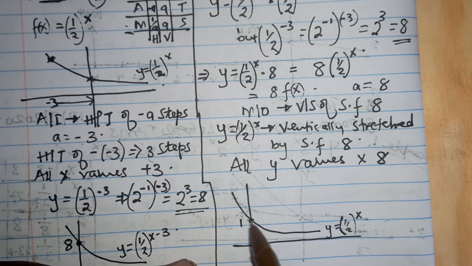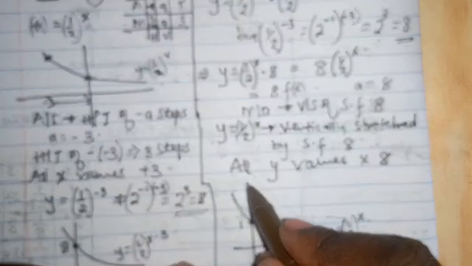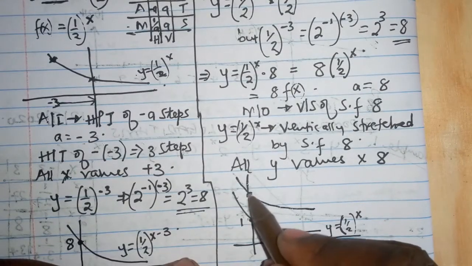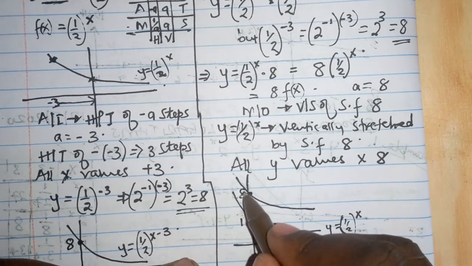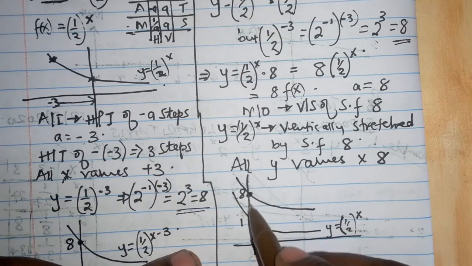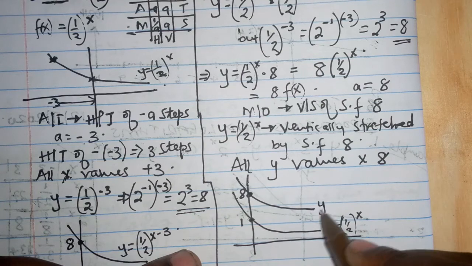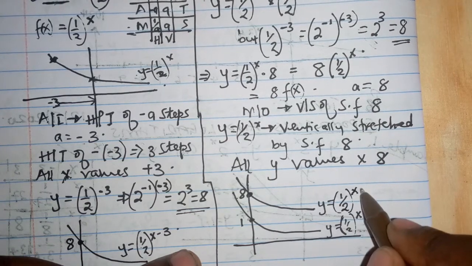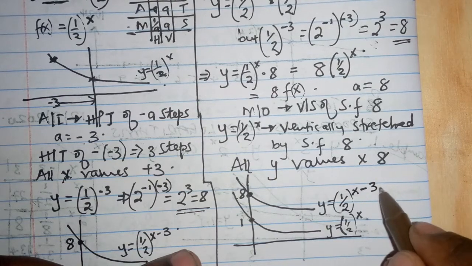This is quite a conspicuous y value. So 1 times 8 obviously is going to be 8, and the shape of the graph remains the same, but this particular point is now (0, 8). So this is the graph of y is equal to a half raised to power x minus 3.